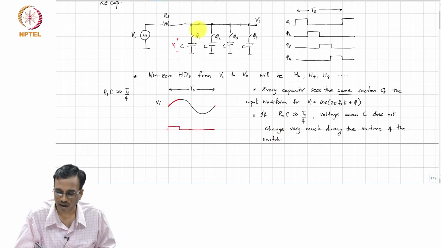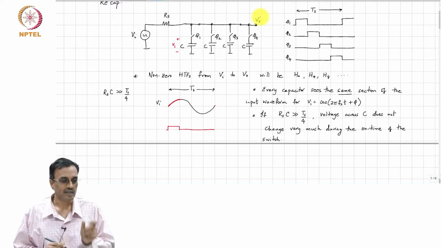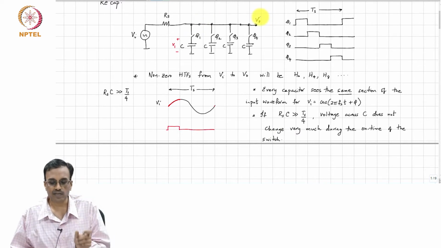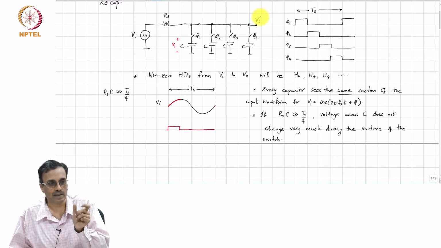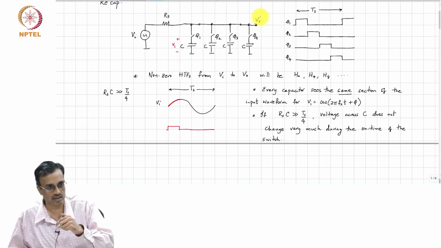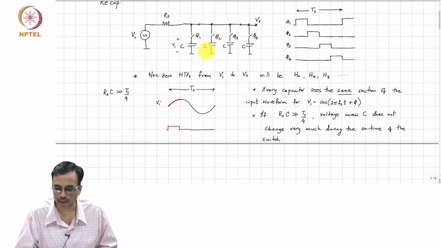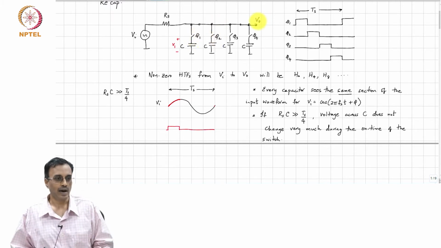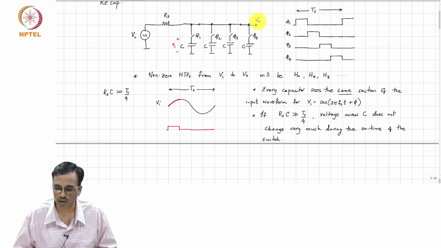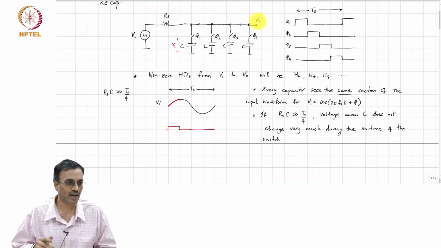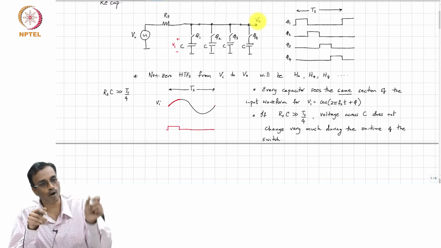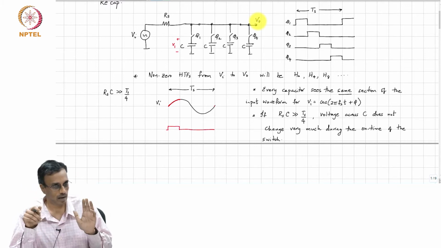And this voltage V_O is simply the voltage across that particular capacitor when it is actually being charged, right, because when the switches are off, the capacitor is disconnected from V_O, and therefore the voltage stored on the capacitor has no bearing on the output waveform when the switch is off, all right.